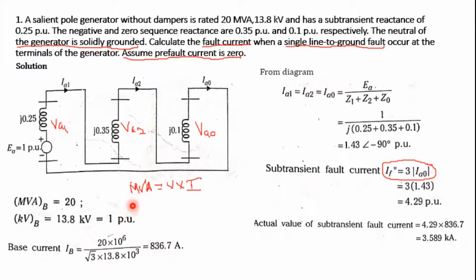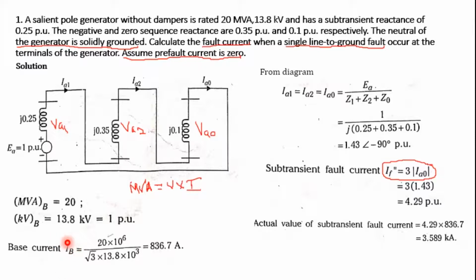So what is the MVA here? It is 20 MVA, 20 into 10 to the power of 6. What is the voltage here? It is 13.8 kV, though unfortunately I forgot to mention that it is a 3-phase system. That's why I consider 10 to the power of 3, and root 3 is for the 3-phase system, so we get the current I. Here you need to be careful whether we are considering the actual value or the base value; here there is no such question.